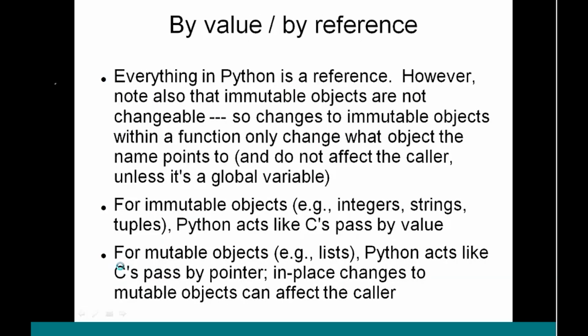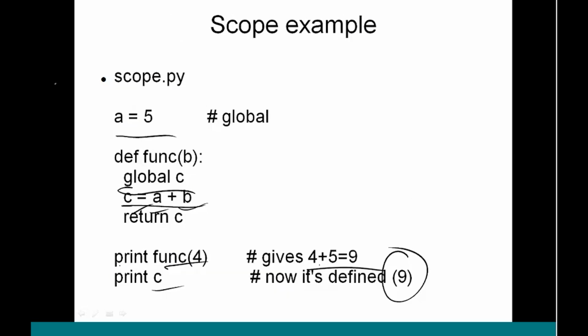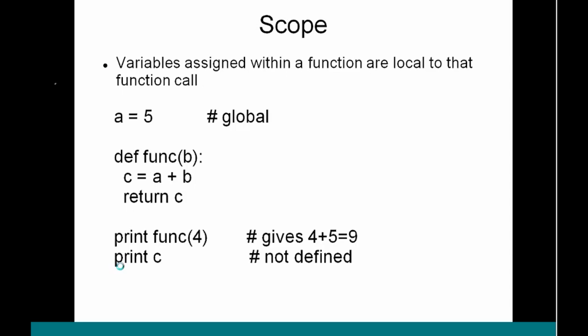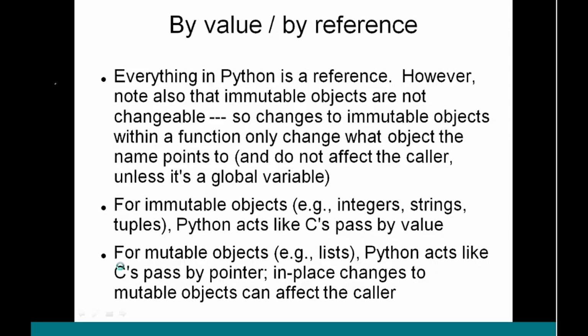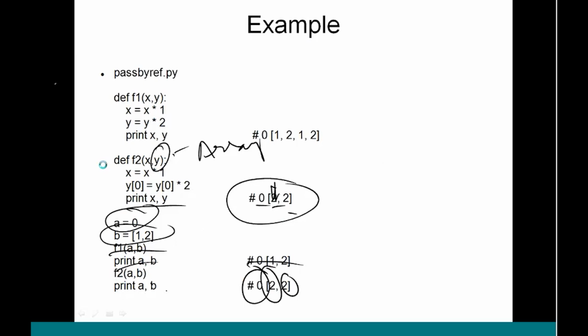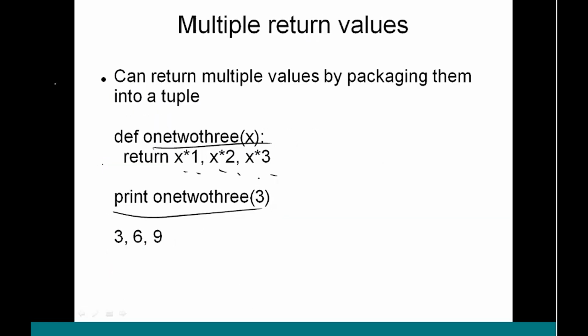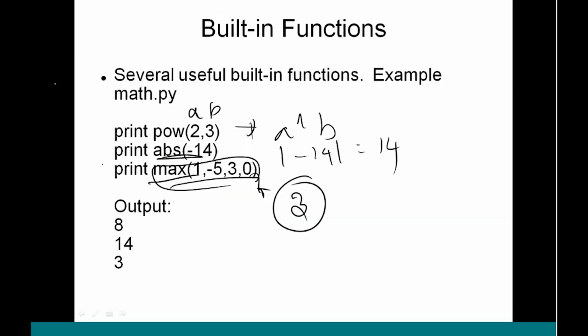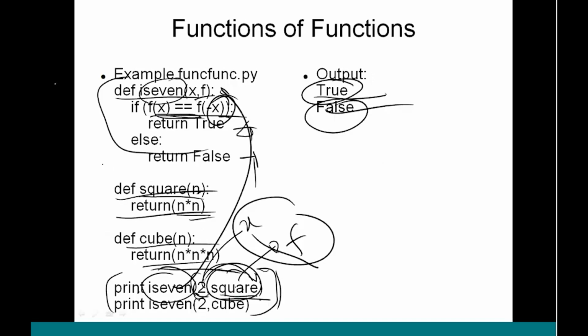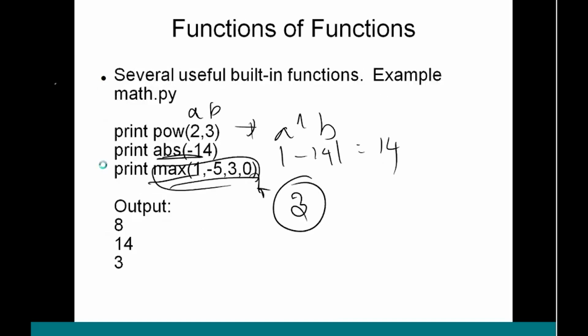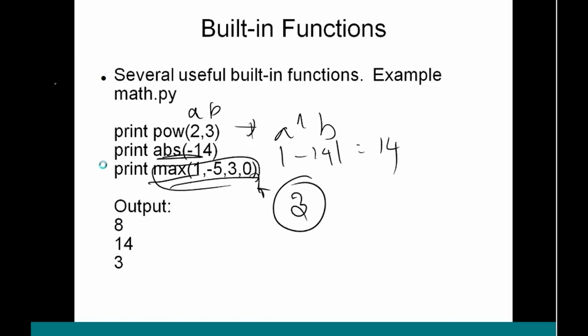And then we went into the various scope examples. And then we talked about how the reference works in Python, and then we saw some examples. How do we use multiple values from functions, etc.